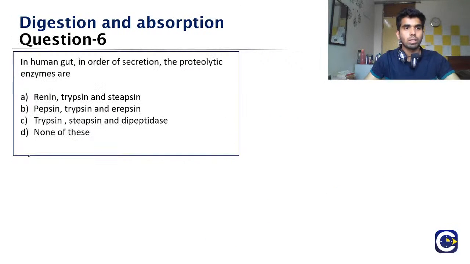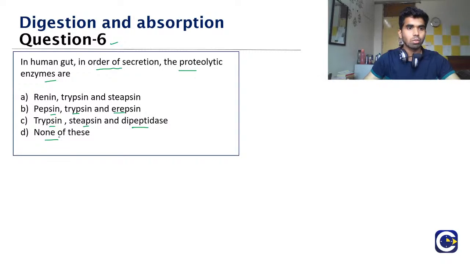Now coming to the next question. Question number 6. In the human gut, in the order of secretion, the proteolytic enzymes are: option A, renin, trypsin and stepsin; option B, pepsin, trypsin, erepsin; option C, trypsin, stepsin, and dipeptidase; and option D, none of these.